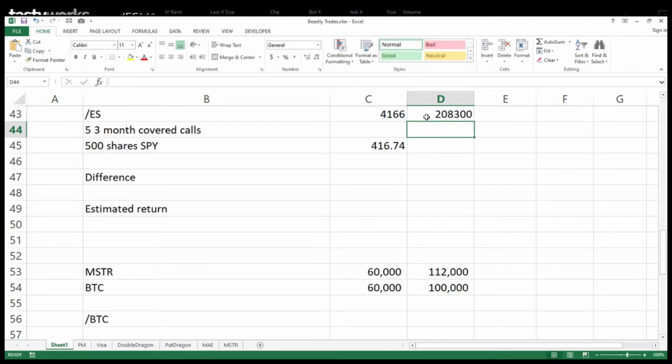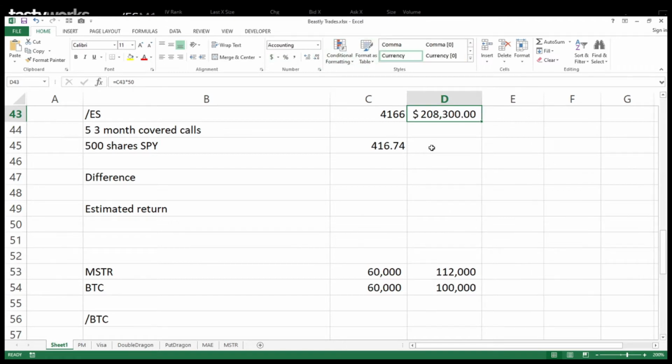So that's worth $208,300. And in order to get the equivalent, each future is worth about 500 shares of the S&P 500 ETF. So I'm gonna multiply that by 500 so we can get to a rough ballpark.